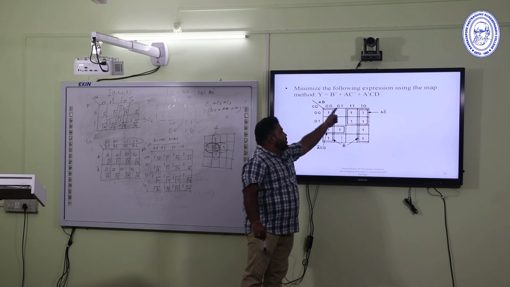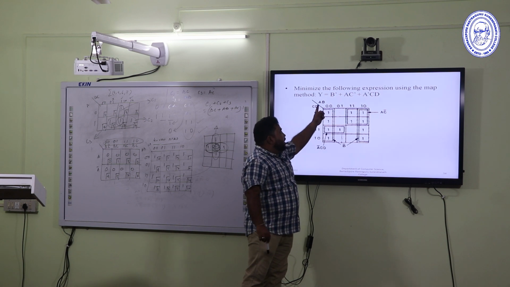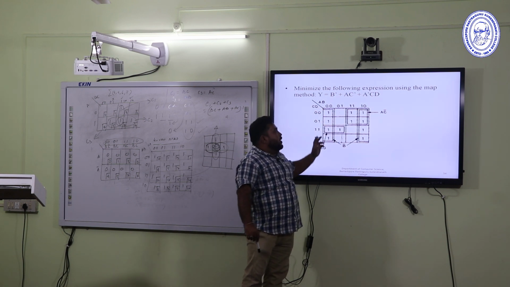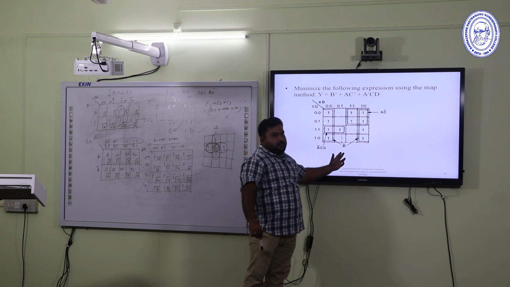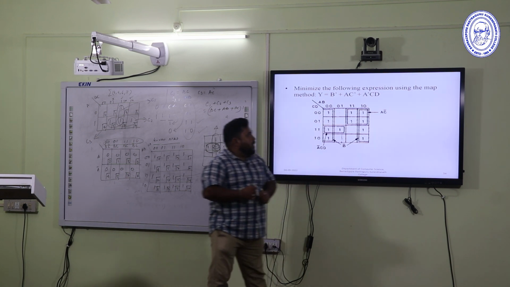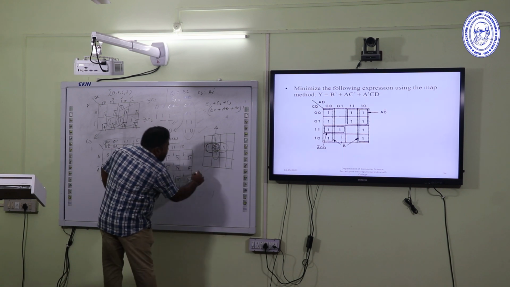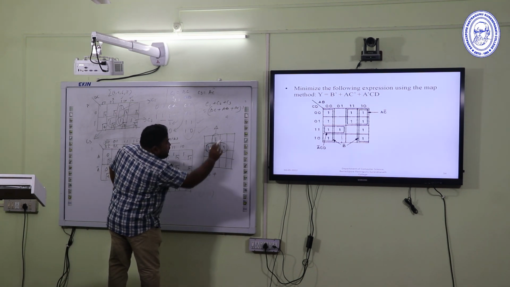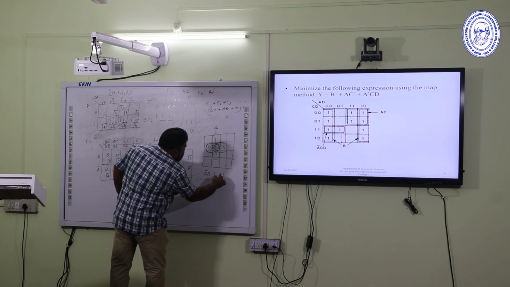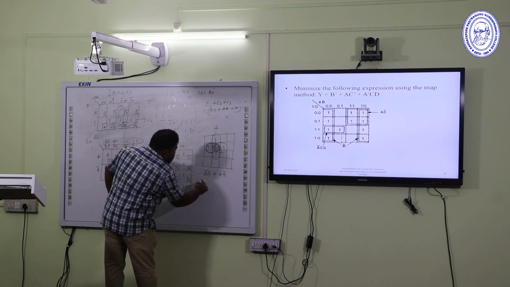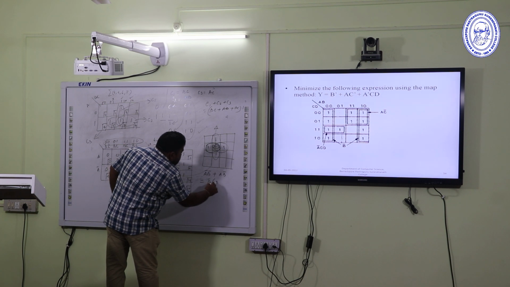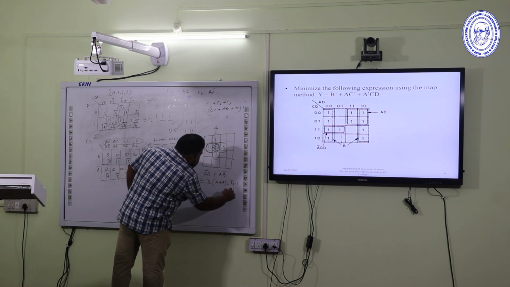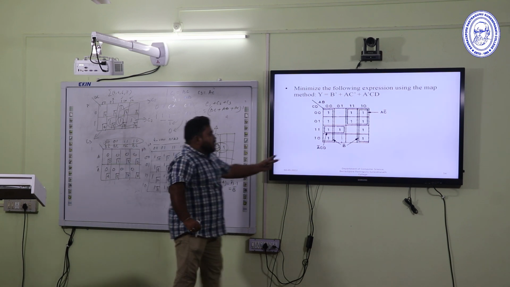So here B prime and B prime is common, but here is A prime and here is A. So we take only the B prime here, because if we take these values, that is A prime B prime, and from this one A B prime. So if we take B prime as common, A prime plus A equals 1, so we get the B prime only.